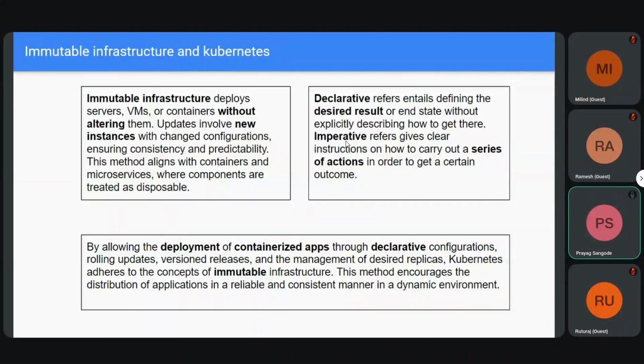By allowing the deployment of the containerized application through declarative configuration, rolling updates, version release, and the management of desired replicas, Kubernetes adheres to the concept of immutable infrastructure. So Kubernetes has both the features of declarative and immutable infrastructure, and this is nowadays becoming very famous. The infrastructure should always be immutable, and we should always use a declarative way of achieving something.